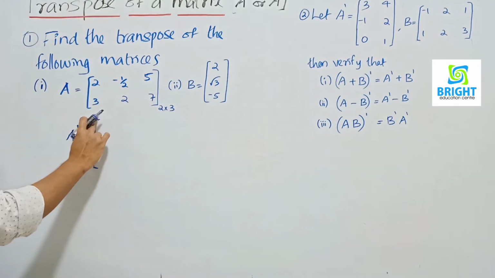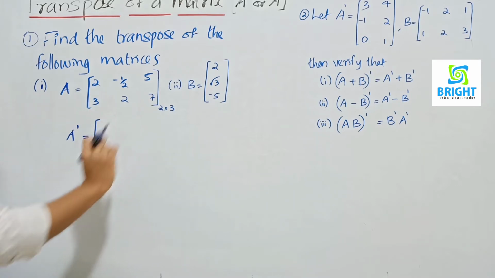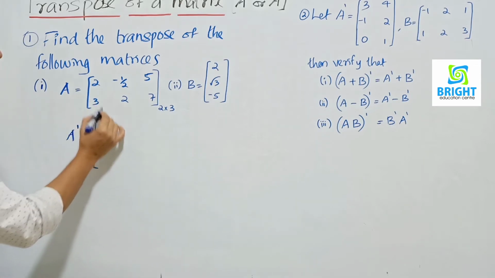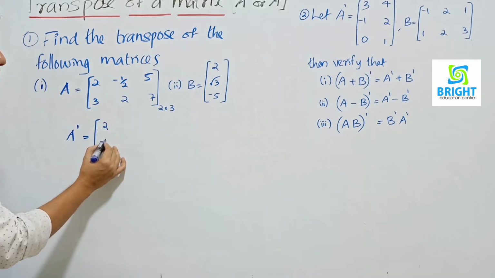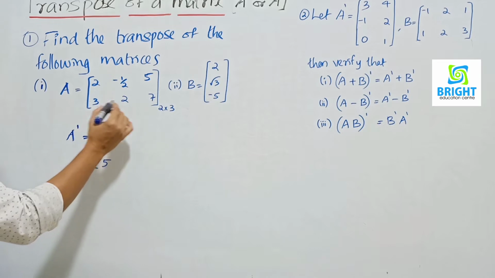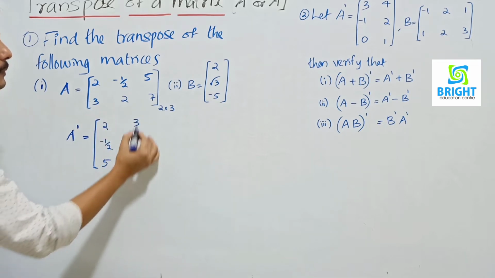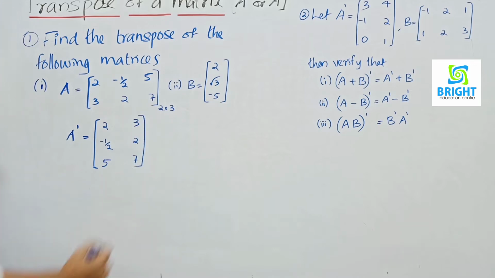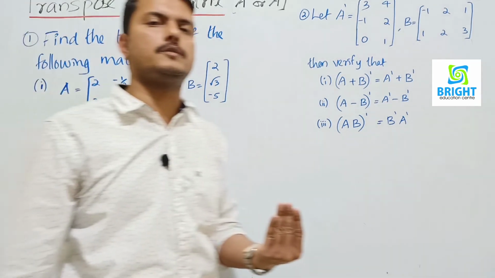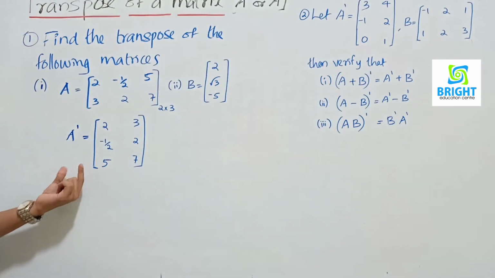That means there should be 3 rows and 2 columns. So it will be 2, minus 1 by 2, 5 and 3, 2, 7. So if you simply interchange the rows and columns, you will be obtaining the transpose of the matrix.